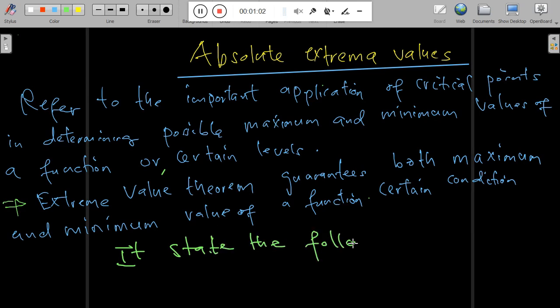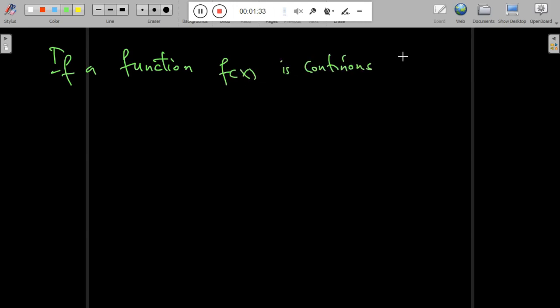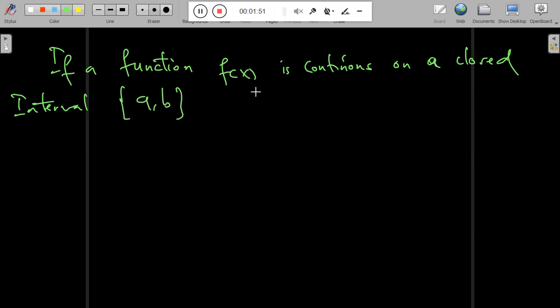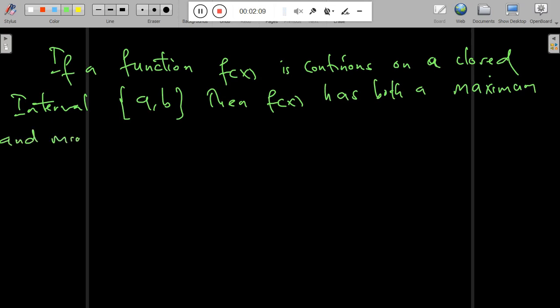It states the following: if a function f of x is continuous across the interval, let's say a comma b, those are the intervals, then the function f of x has both a maximum and minimum value between those intervals.